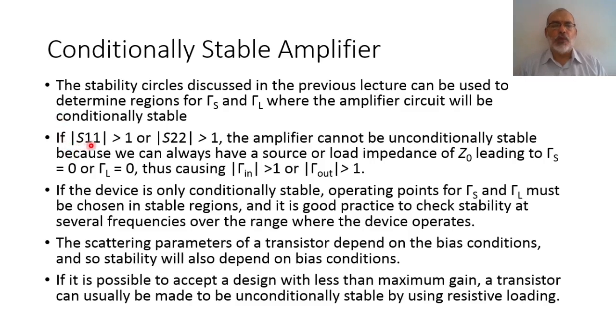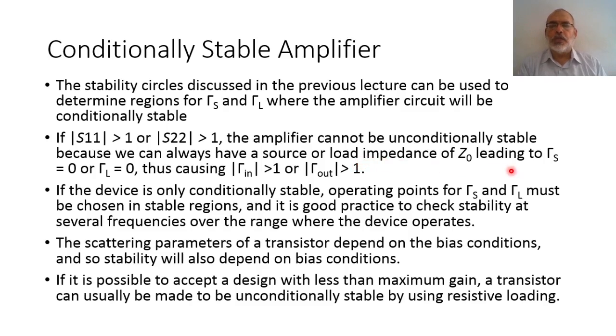So if S11 is greater than unity or S22 is greater than unity, the amplifier cannot be unconditionally stable, because we can always have a source or load impedance Z0. In this case, the gamma input would be the magnitude of S11, which is greater than unity, so it is unstable.